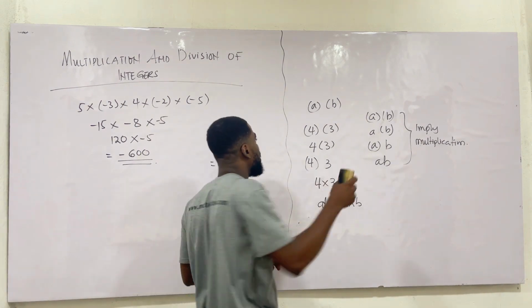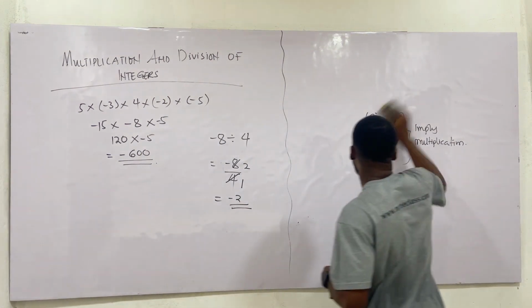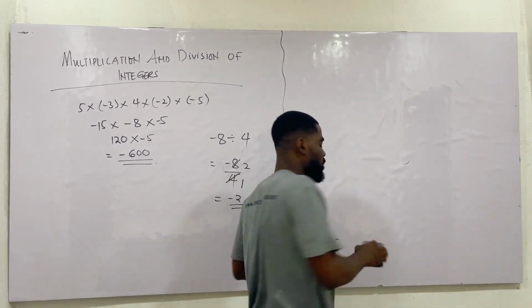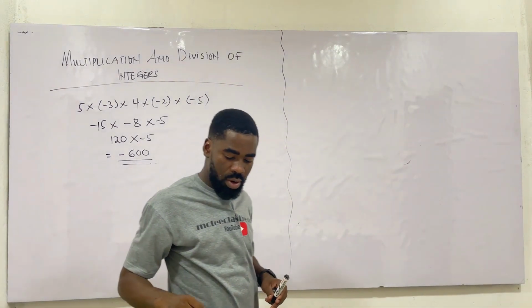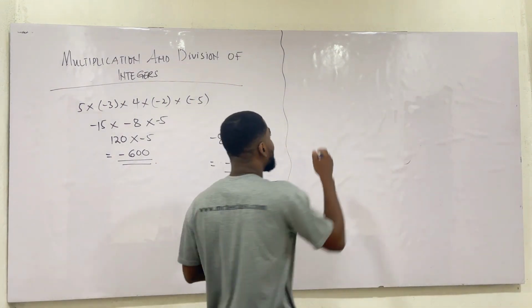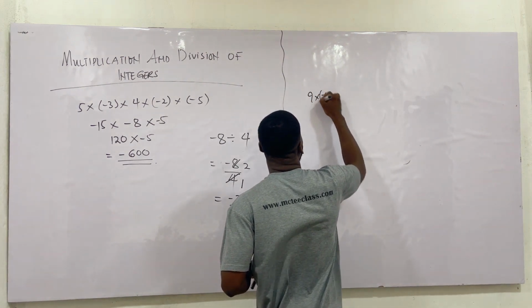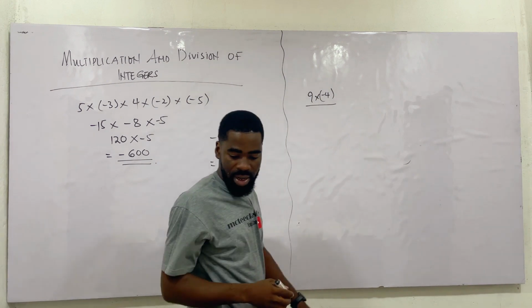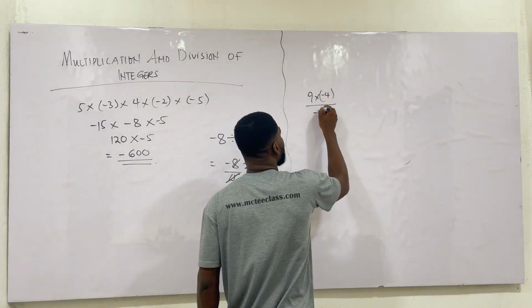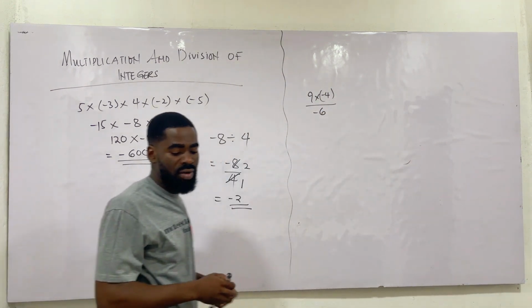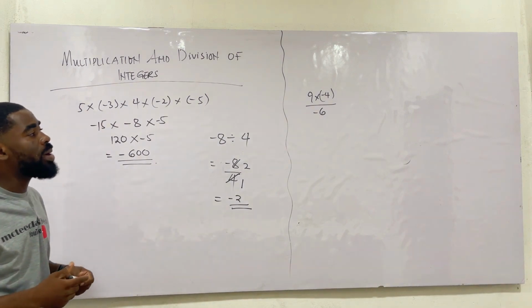Now, let's look at more examples here. I have 9 times negative 4, all divided by negative 6.